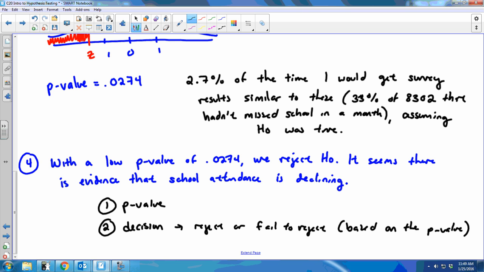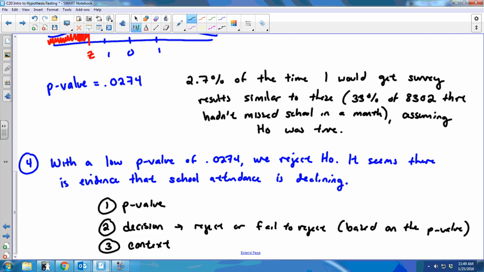And then 3, it has to be in context, hence the second sentence. And then the whole entire second sentence is the context part. So I wrote my conclusion with a p-value and if I rejected or failed to reject.